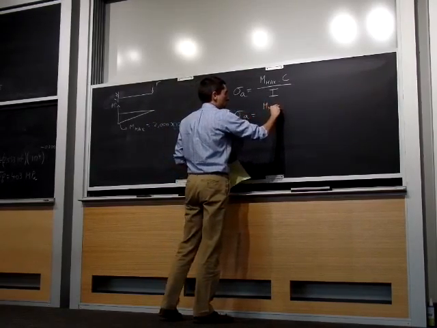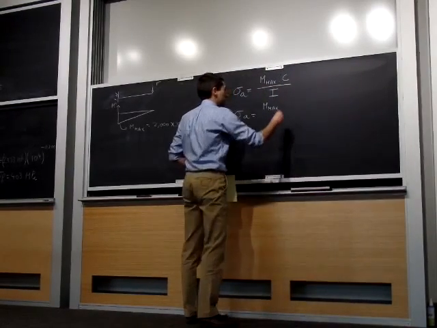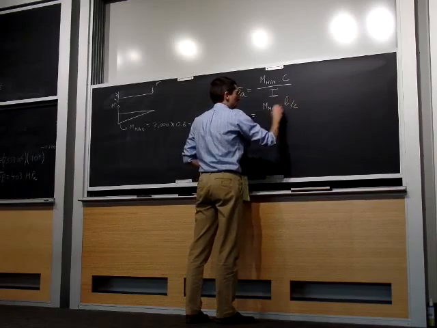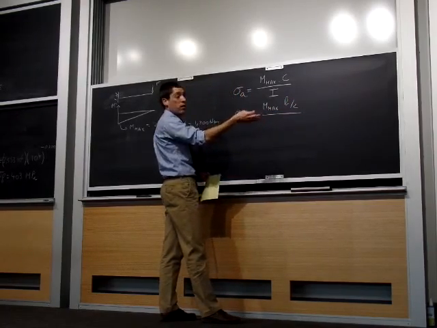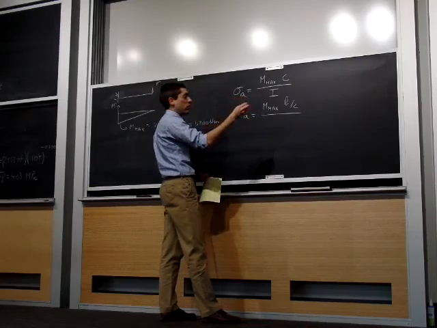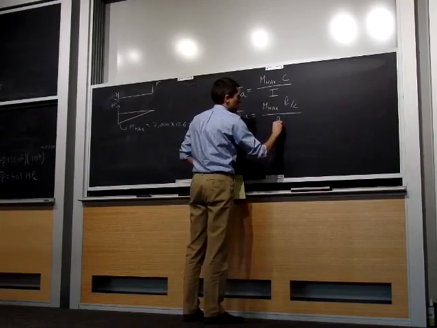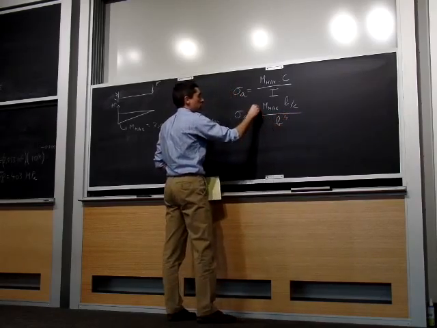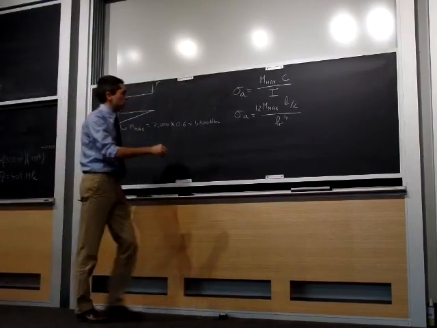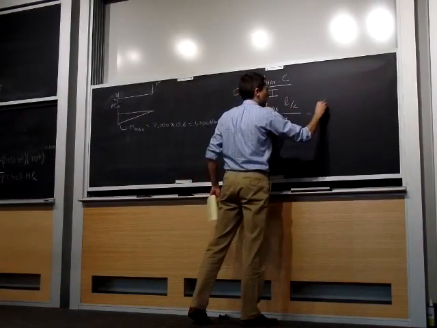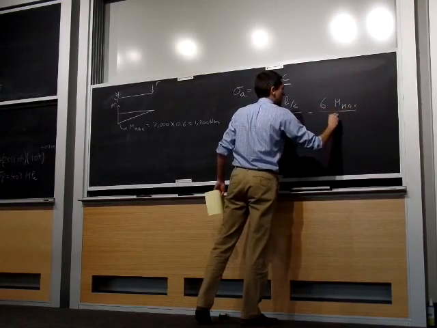What is the maximum distance from the neutral axis? b over 2. And what is our moment of inertia going to be of that cross-section? It is going to be width times height to the power 3 over 12. So it's going to be b times b to the power 3, b to the power 4, divided by 12, so I'll throw that 12 right away into the numerator. And then we can simplify this and say this is equal to 6 times M max over b to the power 3.